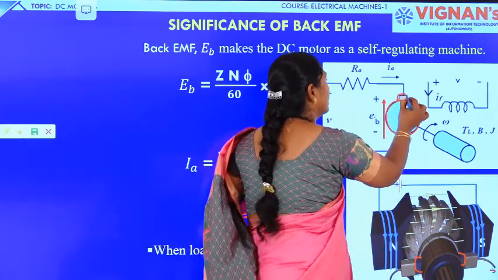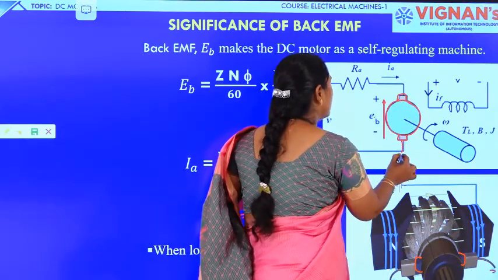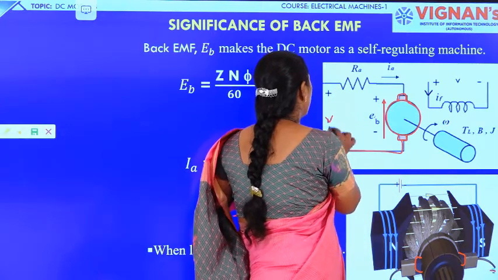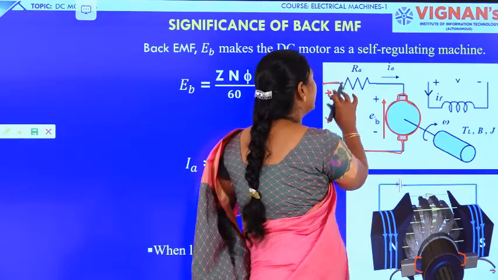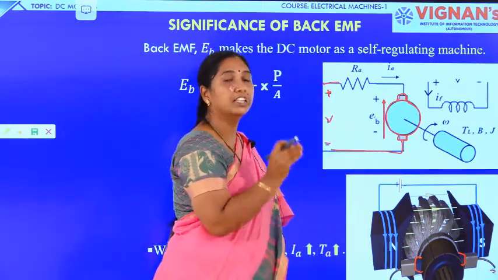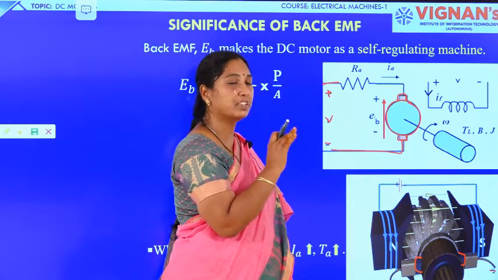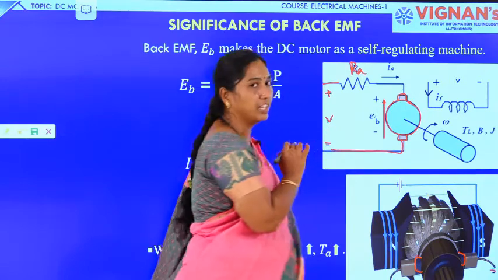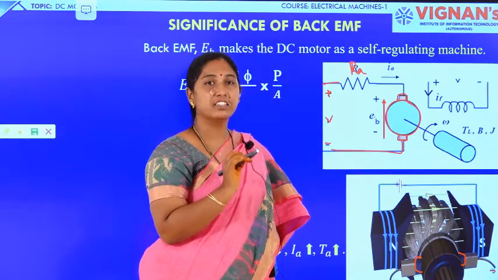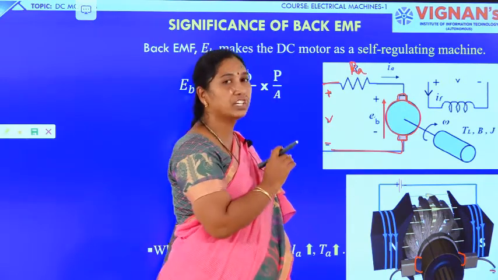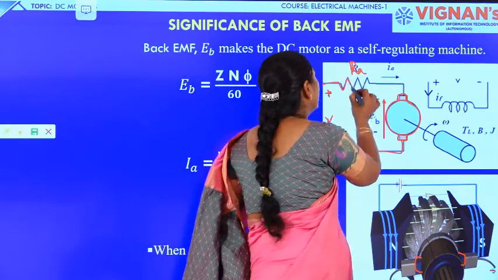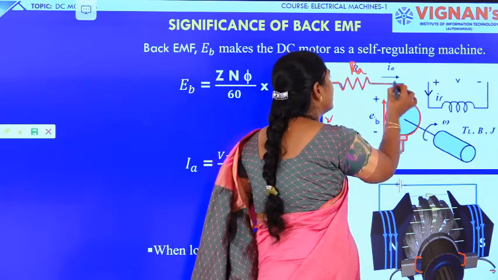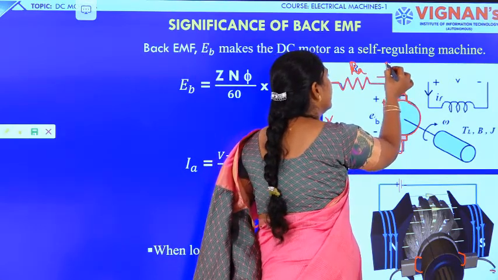So, these are the two brushes, and through these brushes we are giving a DC supply. Here it is represented by V. The armature offers some resistance. That resistance we are representing by RA.